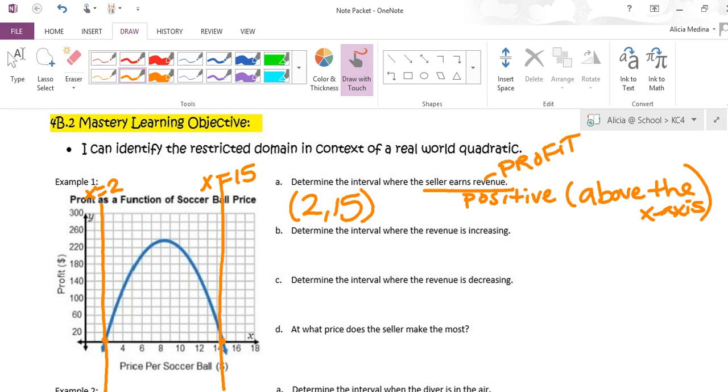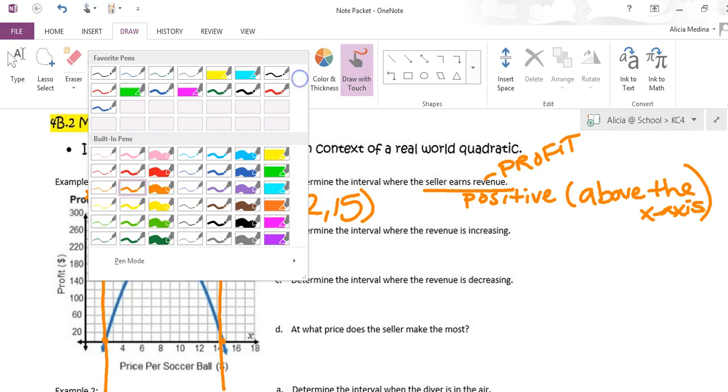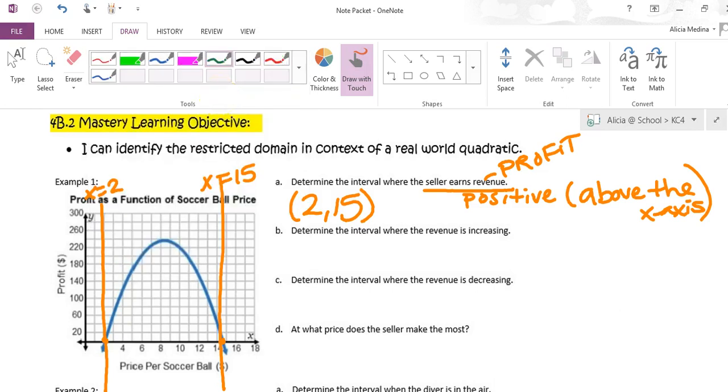Determine the interval where the revenue is increasing. Increasing just means where is that graph going up? So my graph is going up from here up until this point. I can only be using my real world context there. So that's the x value of 2 until we get to this point right here, which looks to be at 9. Or not so much, because 9 would be in the middle there, so this would be like 8.5.